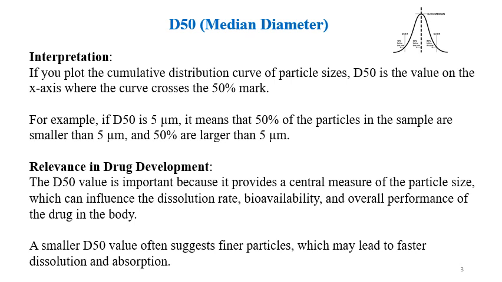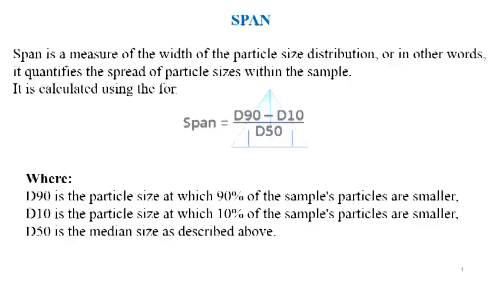So D50 value is related to the safety and efficacy of the pharmaceutical formulation. A smaller D50 value often suggests fine particles, which may lead to faster dissolution and absorption. In turn, this affects the Cmax, AUC, and Tmax, and that's why it affects safety and efficacy. So bioavailability and bioequivalence are also related to the D50 value.